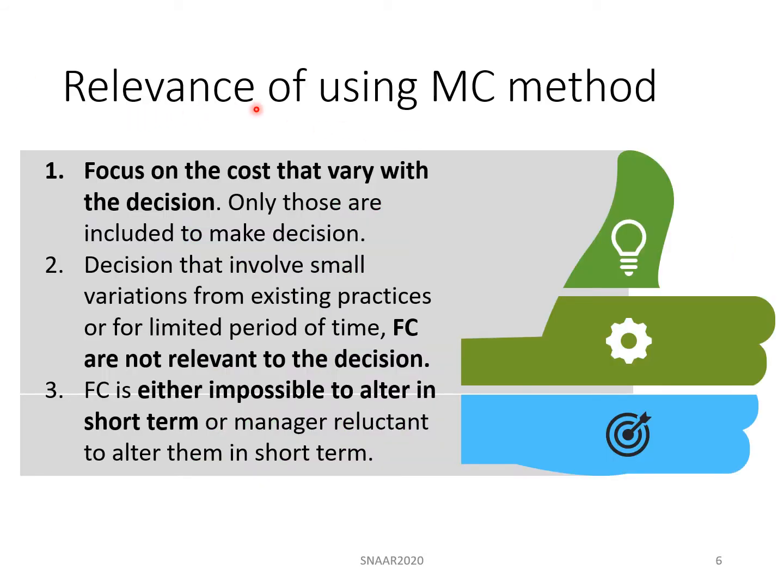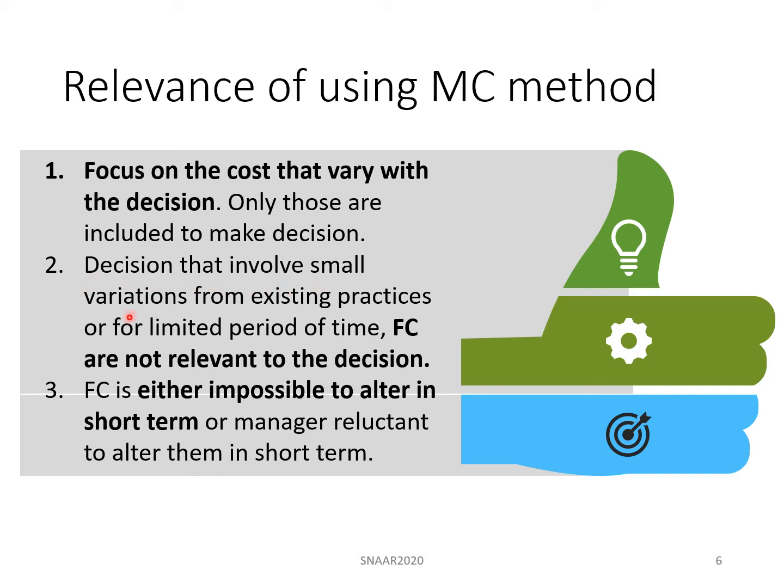This is the relevance of using MC method. Kenapa bagusnya, kenapa relevannya kita nak guna marginal costing method. So first dia focus on the cost that vary with the decision. Only those that are included to make decision. Maksudnya cost yang relevan untuk kita buat putusan adalah the variable cost because the fixed cost is fixed.